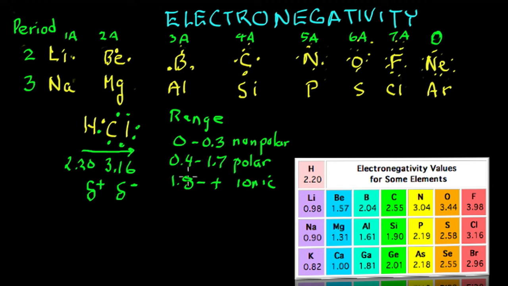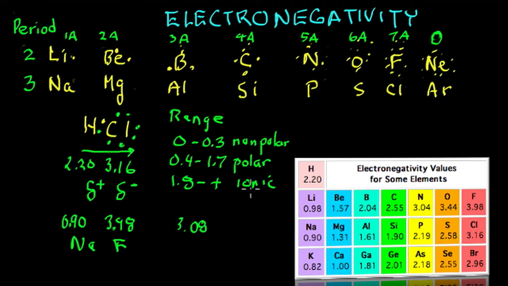For instance, if you take fluorine, which is the highest in the electronegativity scale, 3.98, and you combine that with sodium, which is only 0.90, and here's sodium and here's fluorine. The difference here is, wow, about 3.08, much greater than this 1.8 here.